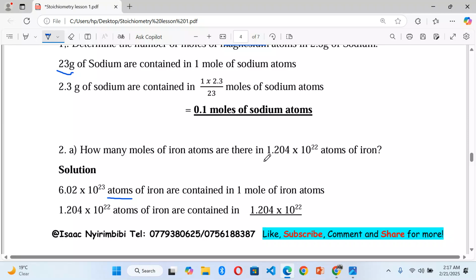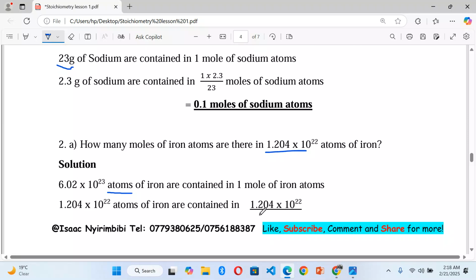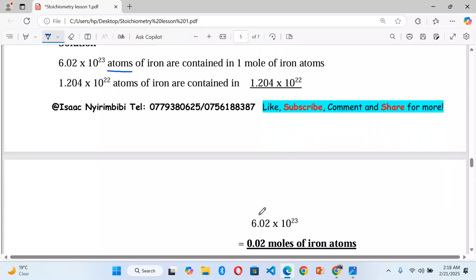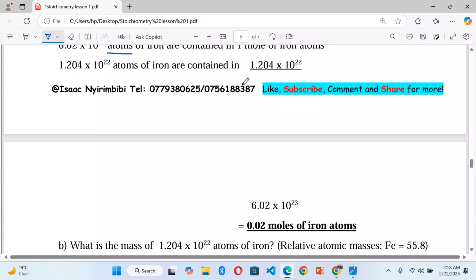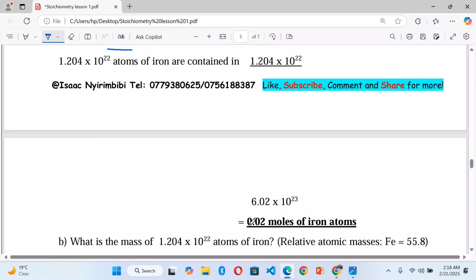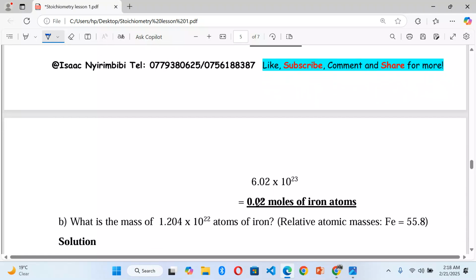Now what about the number they have given us? It will be 1 over this times this, but only that it is down here. So it will be this divided by 6.02 times 10 to the power 23, and the answer we get is 0.02 moles of iron atoms.